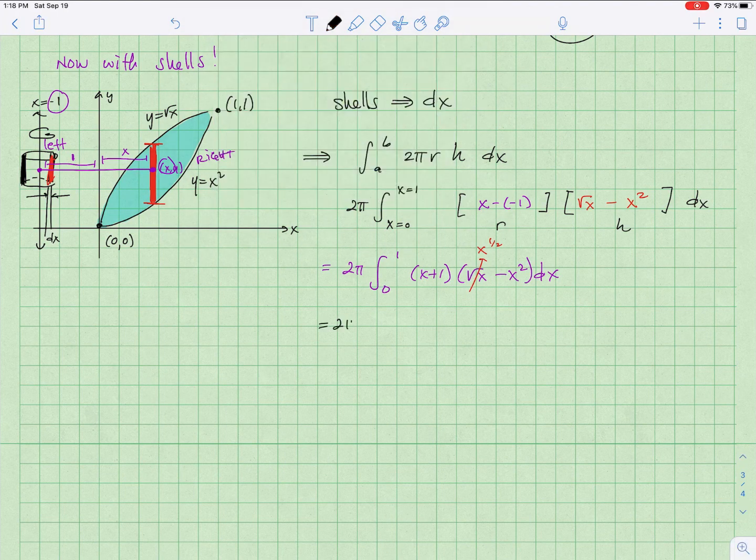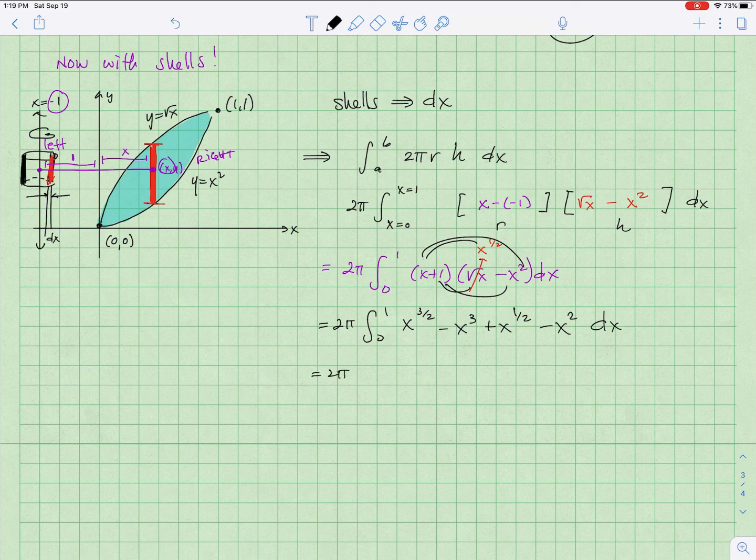So the result is 2 pi, integral from 0 to 1, and as we FOIL, I'll get x to the 3/2 power minus x cubed plus x to the 1/2 power minus x squared dx.